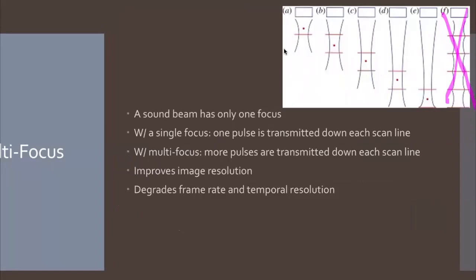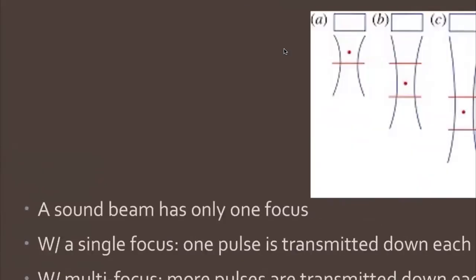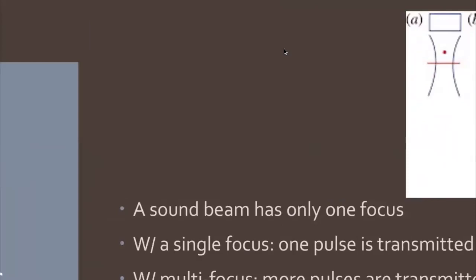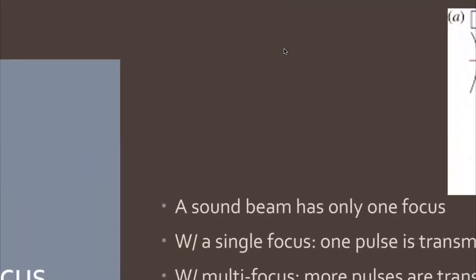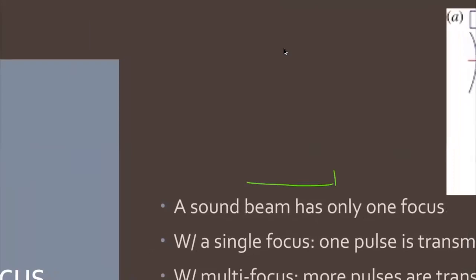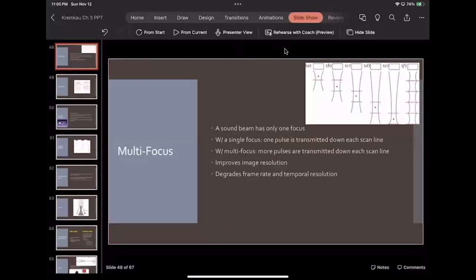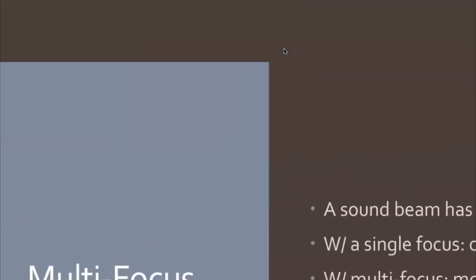I'm going to draw this picture with you, and this will help you understand what multi-focus is. We're going to draw our transducer. So here's our transducer, and our pulses are coming out of it.